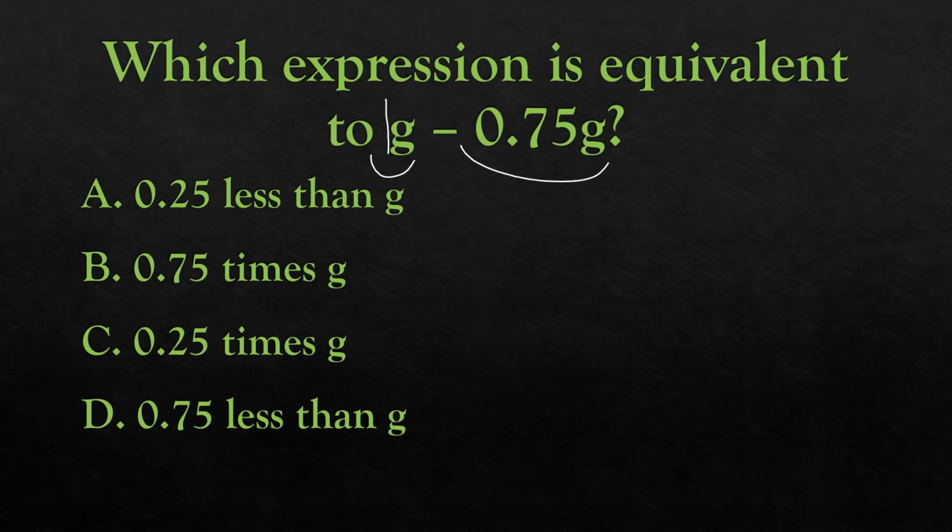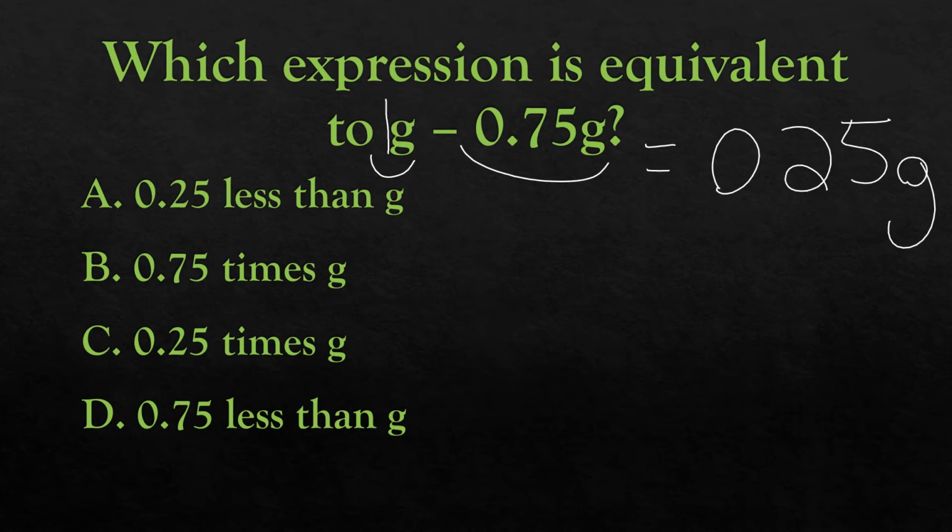You can solve it as decimals, but 0.75 is one of those numbers you should automatically know. Think of it as 75 cents. So $1 minus 75 cents would leave me with what? Yep, 0.25, a quarter. So my answer would be 0.25g.